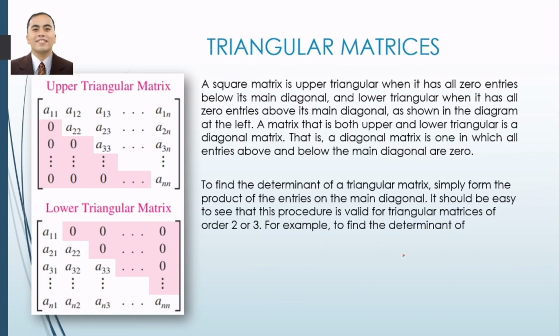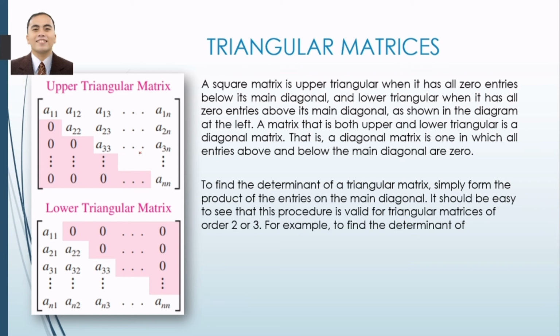So now let's proceed to the triangular matrix. A square matrix is upper triangular when it has all zero entries below the main diagonal, as illustrated here.